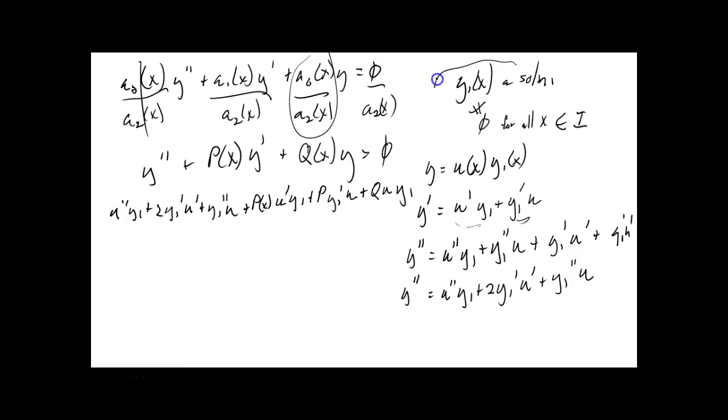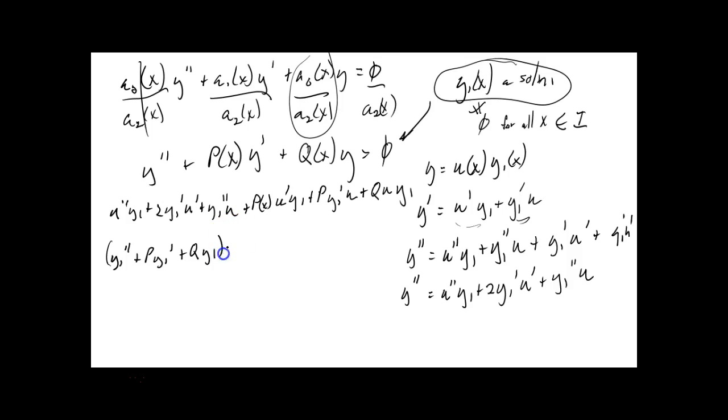Okay. Now, because we already know that y1 is a solution to this equation right here, we know it. They told us it was. And we believe them. We're trusting souls. Okay. If that's a solution, then you know that if you factor a u out of here, you wind up with a y1 double prime, factor a u out of this one, and you have plus p y1 prime plus q y1, okay?